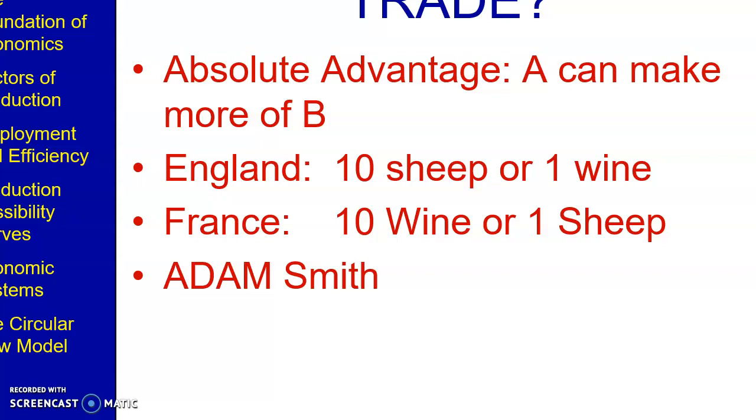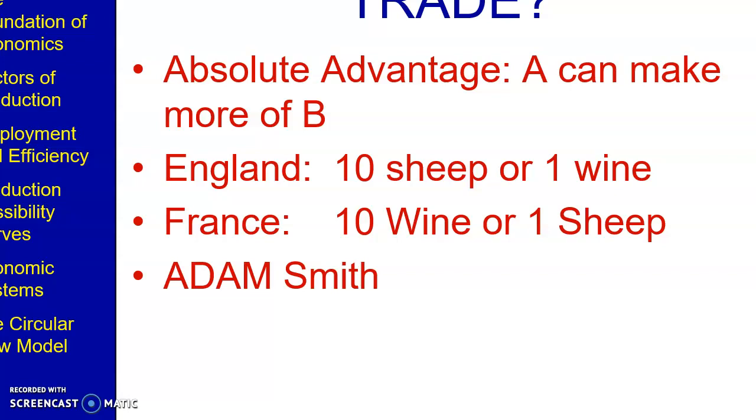Think of it as 10 units of sheep, which could be 1 million sheep or something, okay? So England can make 10 sheep or 1 wine. England has an absolute advantage in sheep. They can outproduce France in sheep, okay? France has an absolute advantage in wine. France can make 10 wines versus 1 sheep, okay? So France has an absolute advantage in wine.